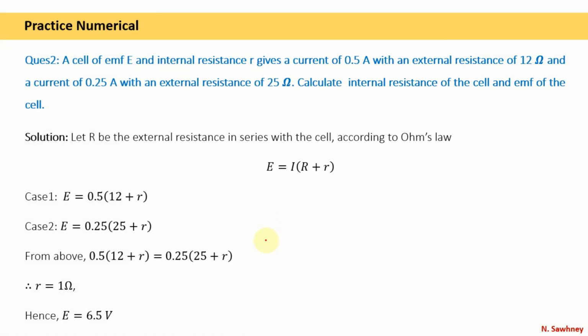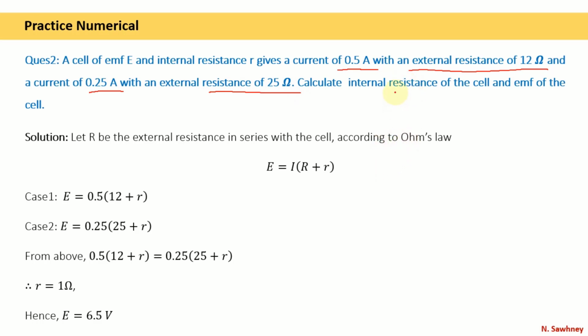Now let us understand one more example. A cell of EMF E and internal resistance r gives a current of 0.5 ampere with an external resistance of 12 ohm and a current of 0.25 ampere with an external resistance of 25 ohm. Calculate the internal resistance of the cell and the EMF of the cell.